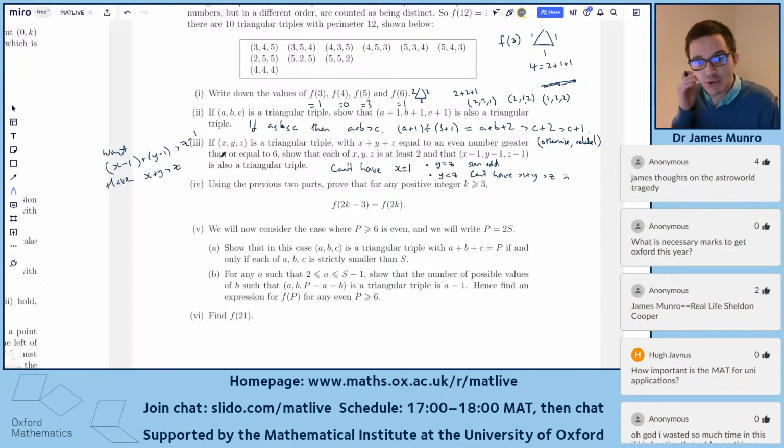Okay, so this is actually quite dangerous because I've started with a true inequality, and for the thing I want, I've subtracted 2 from the left and 1 from the right. So there's this danger that the left decreases by 2 and the right decreases by 1, and they end up, well, you can't have x plus y minus 2 less than z minus 1, because x plus y was bigger than z.